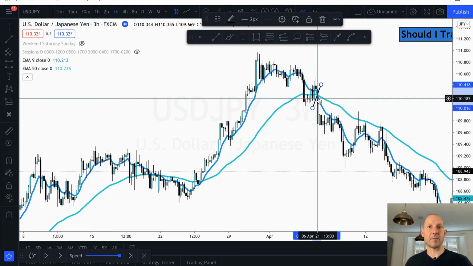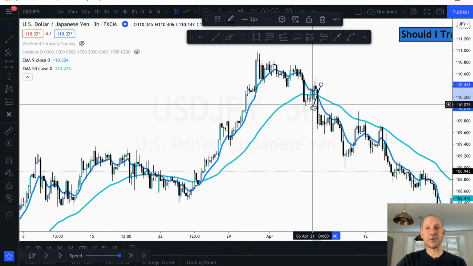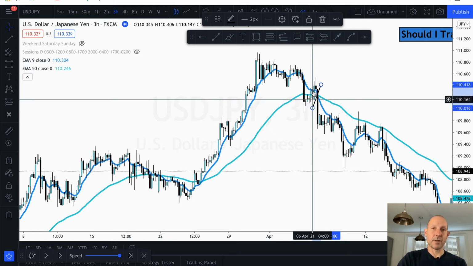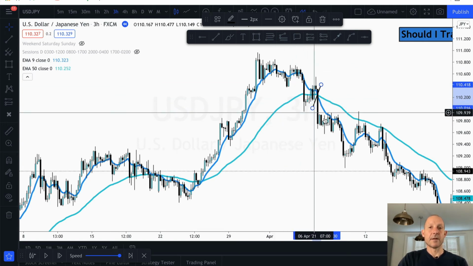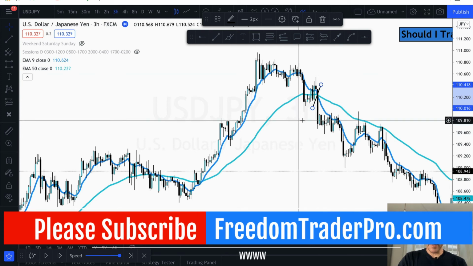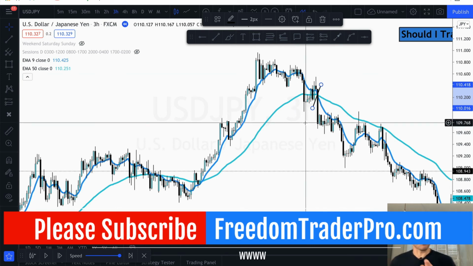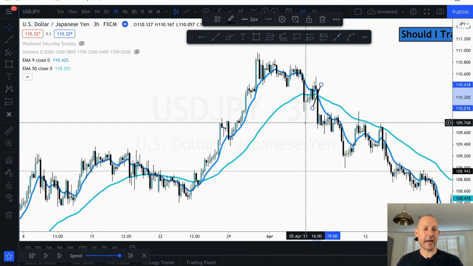Price has already started moving in a particular direction, it's already started moving in a bullish or a bearish direction. By the time the indicators have crossed and you think about getting into the market, you've already lost some of this movement effectively up here. And what normally happens then is that it affects your risk to reward. If you can get a nice tight entry, you can get good risk to reward.